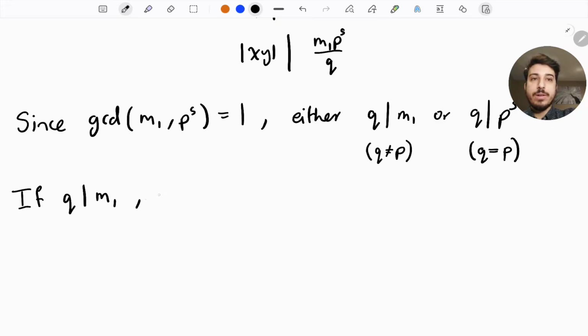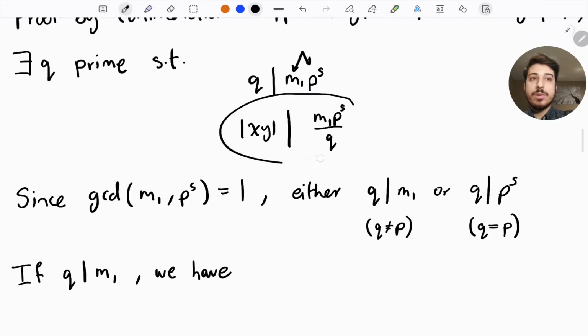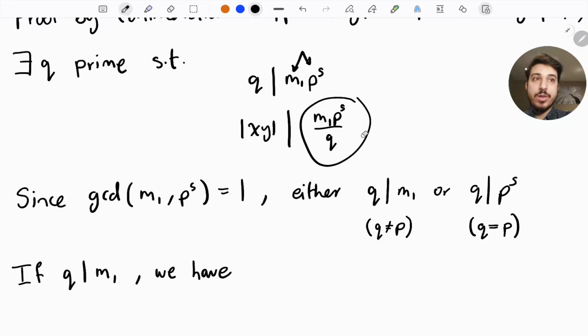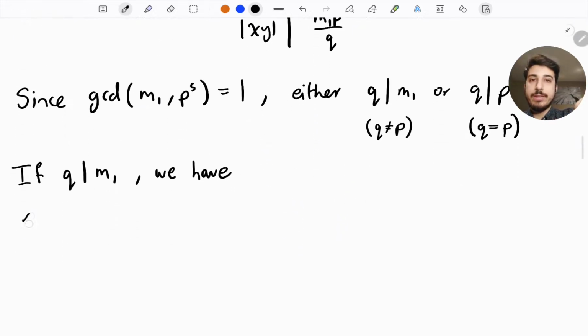How do we arrive there? We have a very nice thing here. Since the order of xy divides m1 p to the s over q, if we take xy to this power, we should get back the identity by the definition of the order. So the identity is equal to xy to the power m1 p to the s over q.